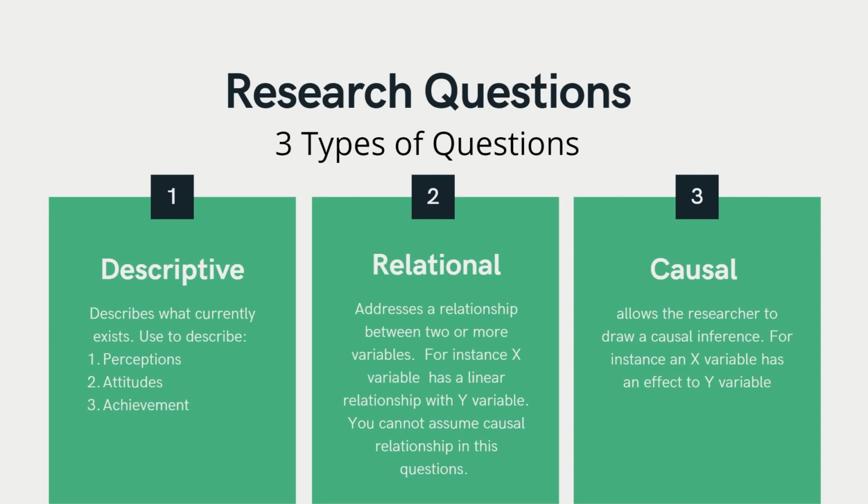So the highest level is really causal, and you need to apply really specific, sophisticated methods in statistics in order for you to draw a causal relationship between the variables that you have. So hopefully in this channel, we'll be talking about the different research methods or the statistical tests or methods you can apply in order for you to do this, right?